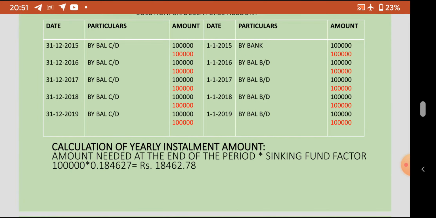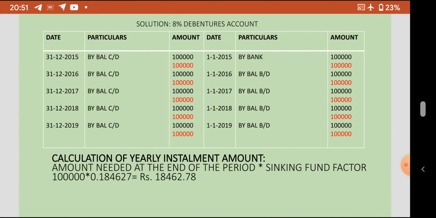So if we want to get 1 lakh rupees at the end of 5 years, how much is the amount that we have to invest yearly? That can be calculated as follows. Calculation of yearly installment amount equals the amount needed at the end, that is 1 lakh, into the sinking fund factor, which will be given in the examination.